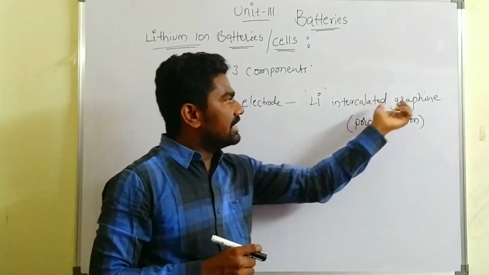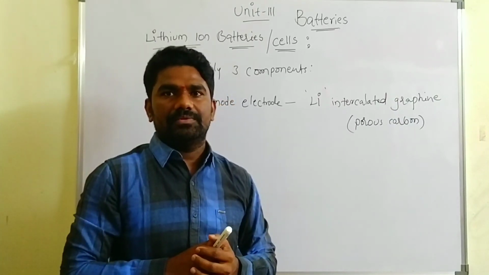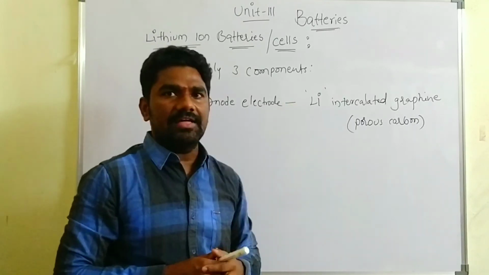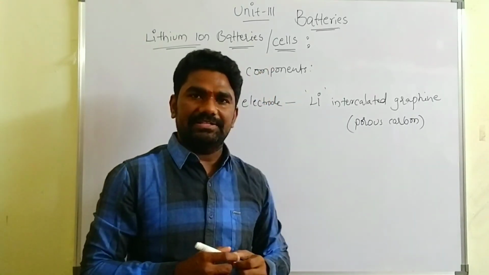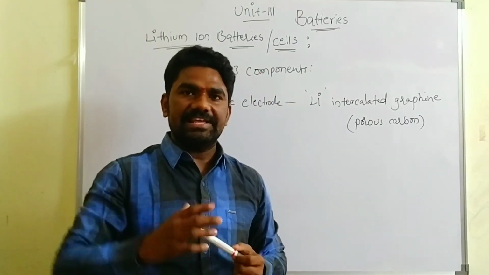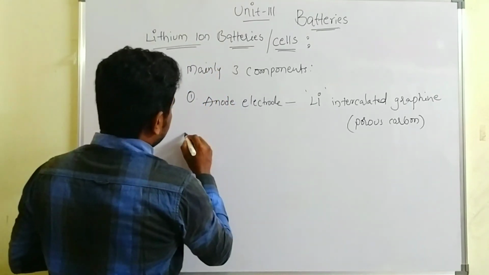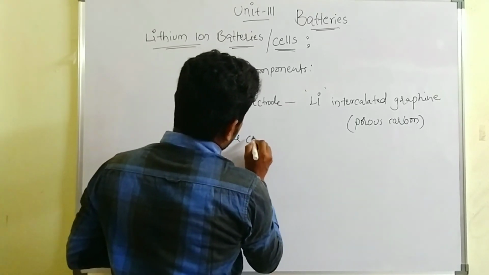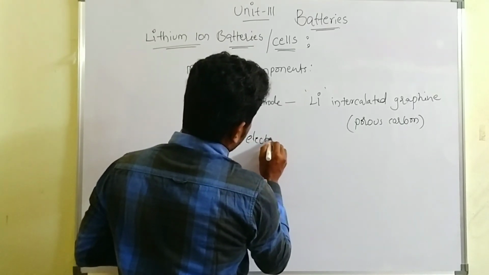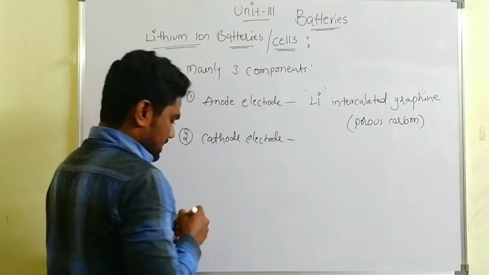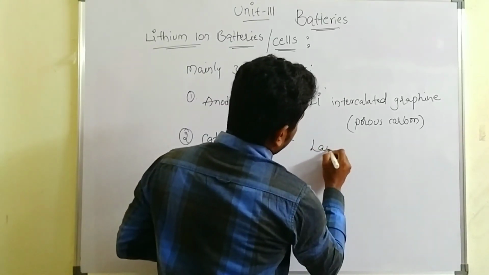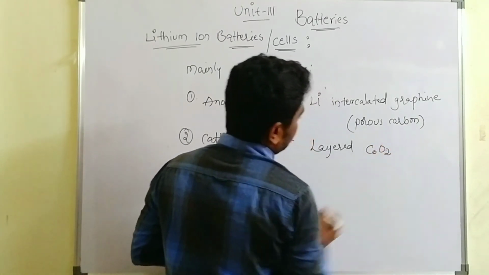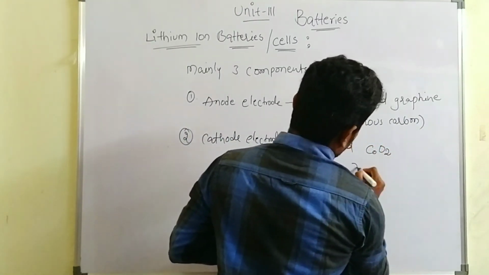The lithium intercalated graphite is known as the anode electrode in the lithium ion batteries. Is it clear? And coming to the cathode electrode, here we are using layered cobalt oxide, which has a rhombohedral structure.